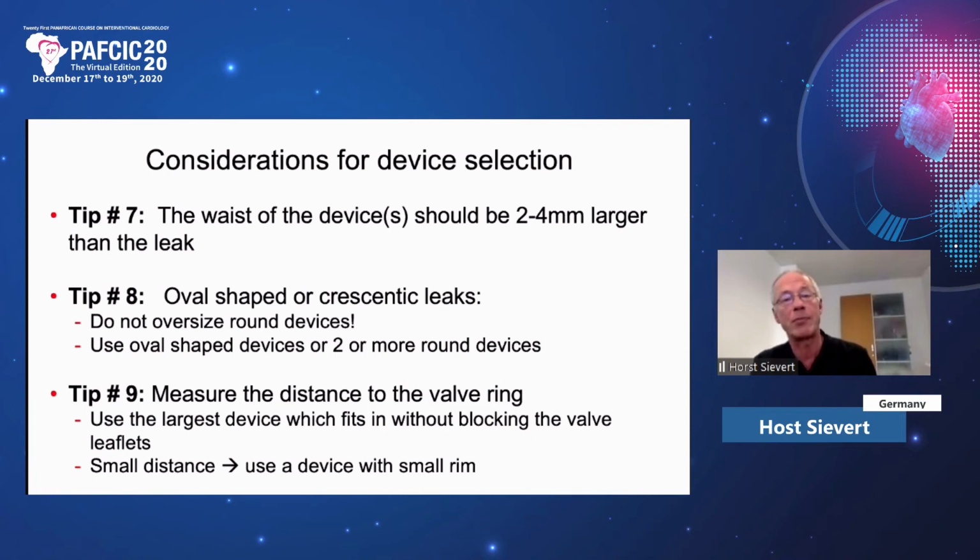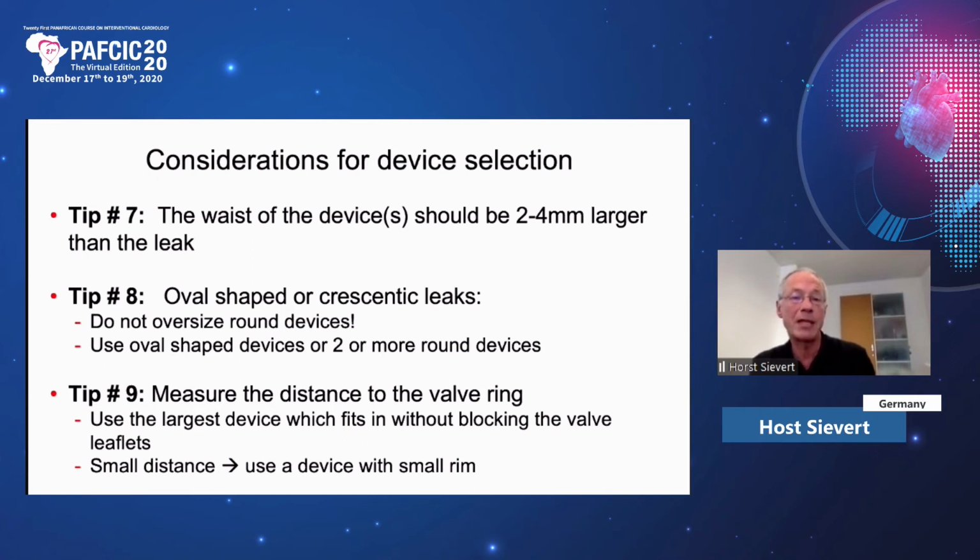It will just be compressed, but it will not take the shape of an oval-shaped leak. And if you have an oval-shaped or crescentic leak, you should use an oval-shaped device like the AVP3 or the Occlutech device, or you should use 2 or 3 or more round devices side by side.